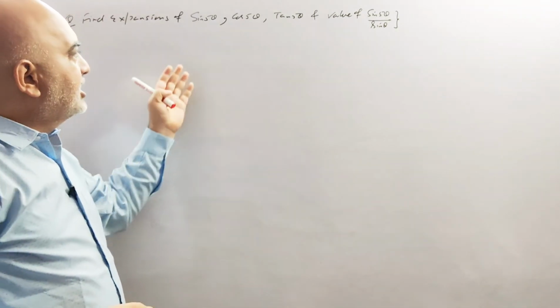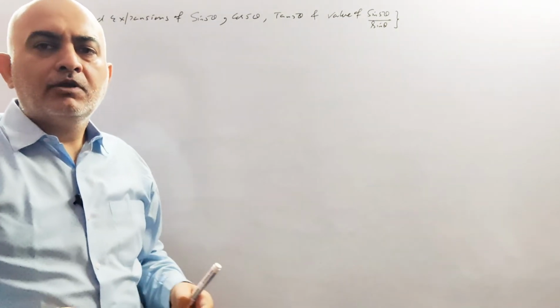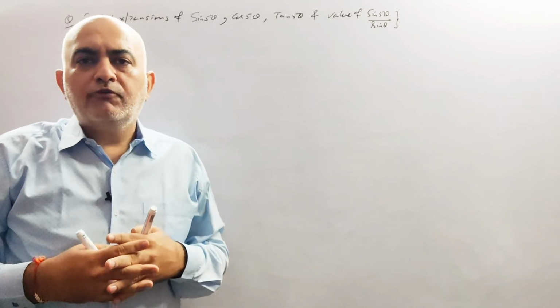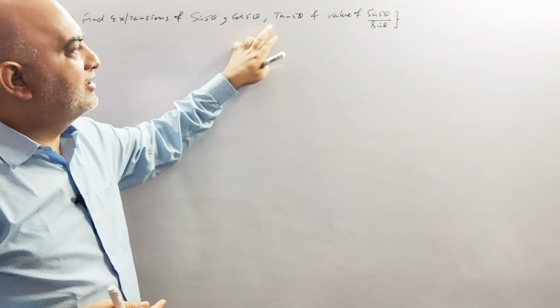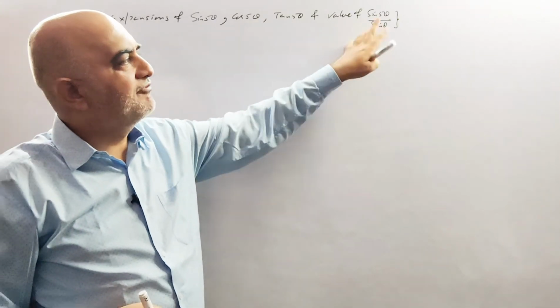So I am taking a general question which will show four kinds of things. Like we can find sine 5 theta, cos 5 theta, tan 5 theta, and the value of sine 5 theta upon sine theta.